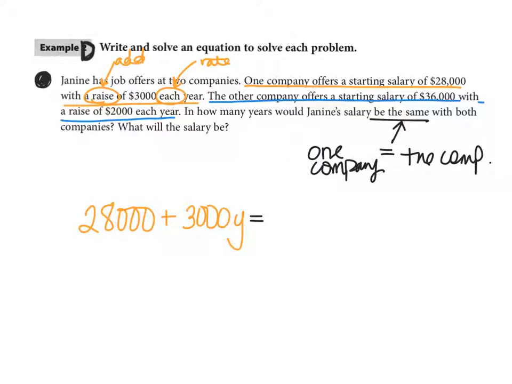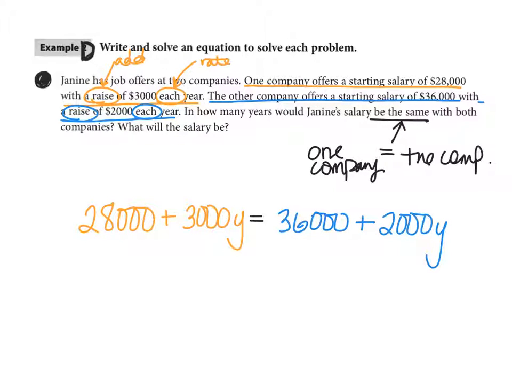Okay, when we read through the blue, it says a starting salary of $36,000 with a raise. So again, I'm going to be adding $2,000 each year. Again, I'm going to have a rate. So that's $36,000 with a raise, so plus $2,000 each year. Now, we're going to work on solving this one in class tomorrow and kind of answering the rest of the questions.